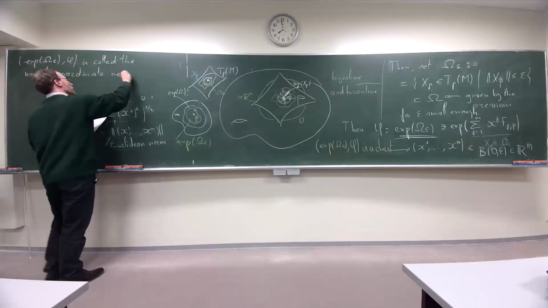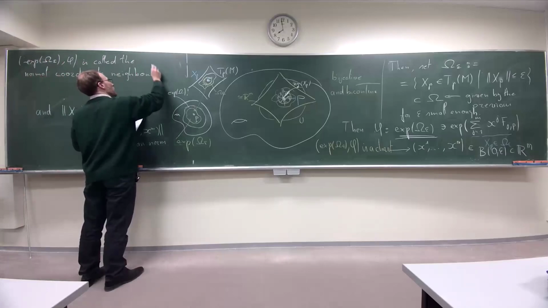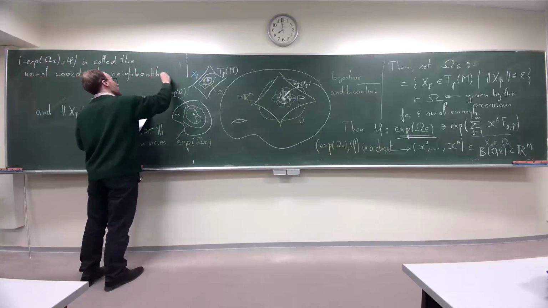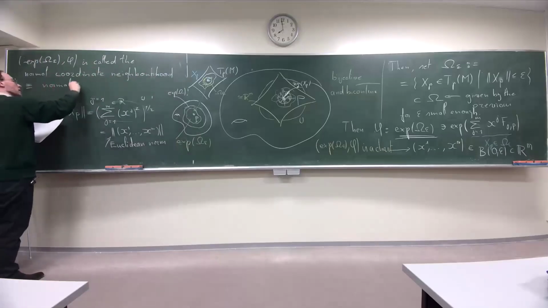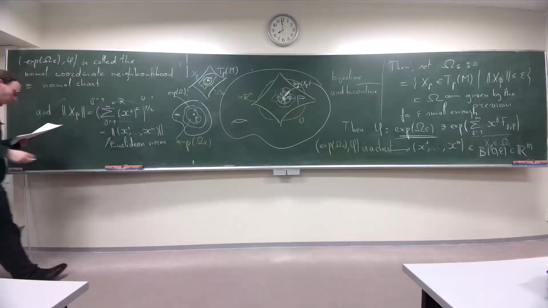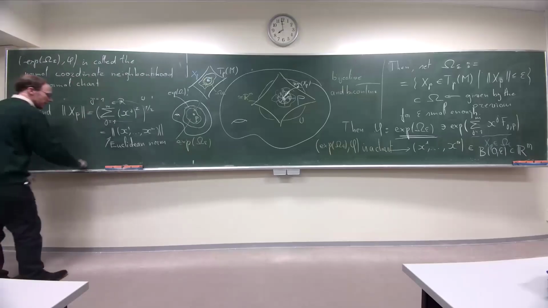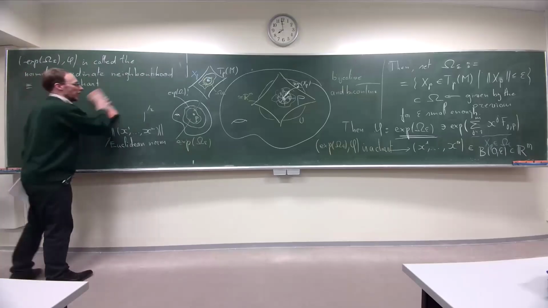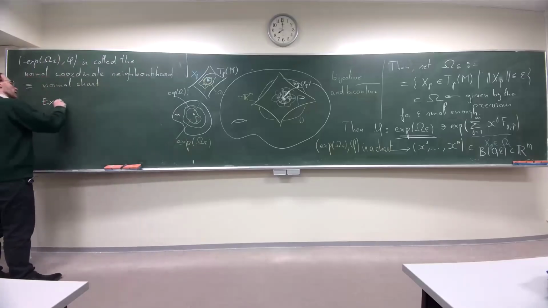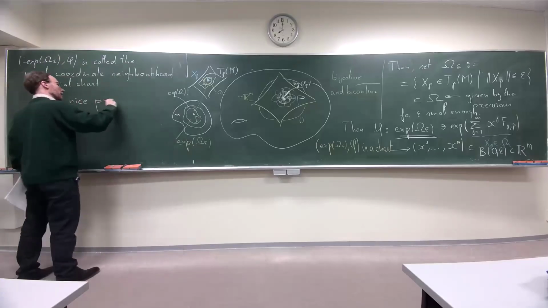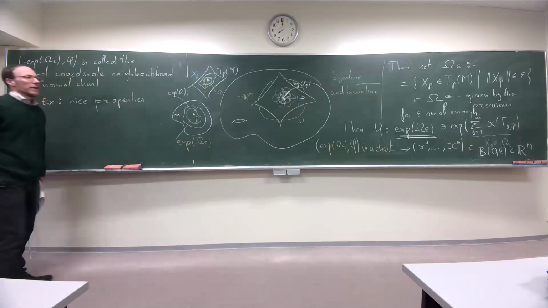I use chart because it's shorter. Or the same as normal chart. And there is an exercise I mentioned. This neighborhood has nice properties. The exercise shows some nice properties. You can find this at many places. It's a local parametrization with nice properties.